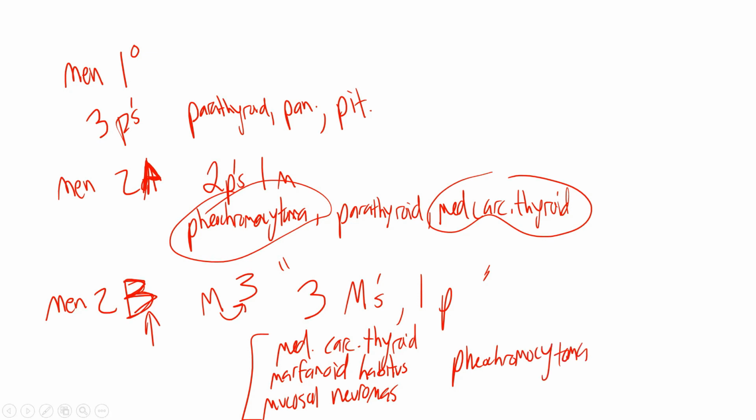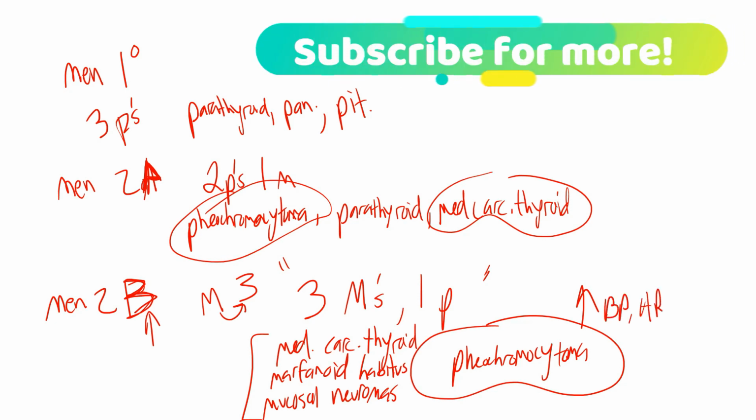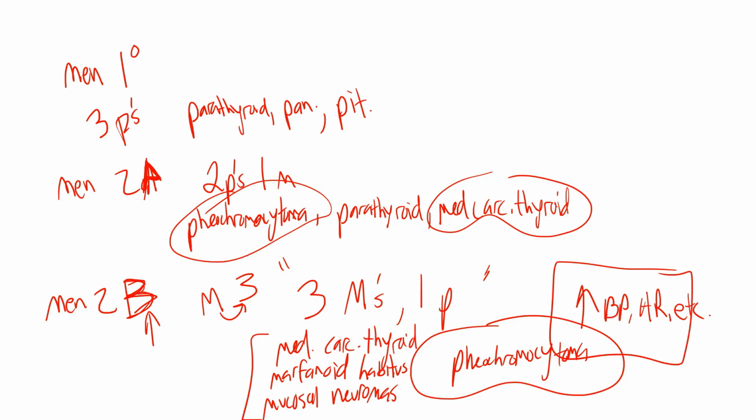Okay. So let me talk about now some of these things and how these would present. Remember that a pheochromocytoma comes from the adrenal medulla. There's basically a tumor within the adrenal medulla. That's the part of the adrenal gland that makes the epinephrine and norepinephrine and all that. Now if you have tons of epinephrine and norepinephrine, you have a massive increase in blood pressure, heart rate, etc. They're not going to tell you, oh, a pheochromocytoma.